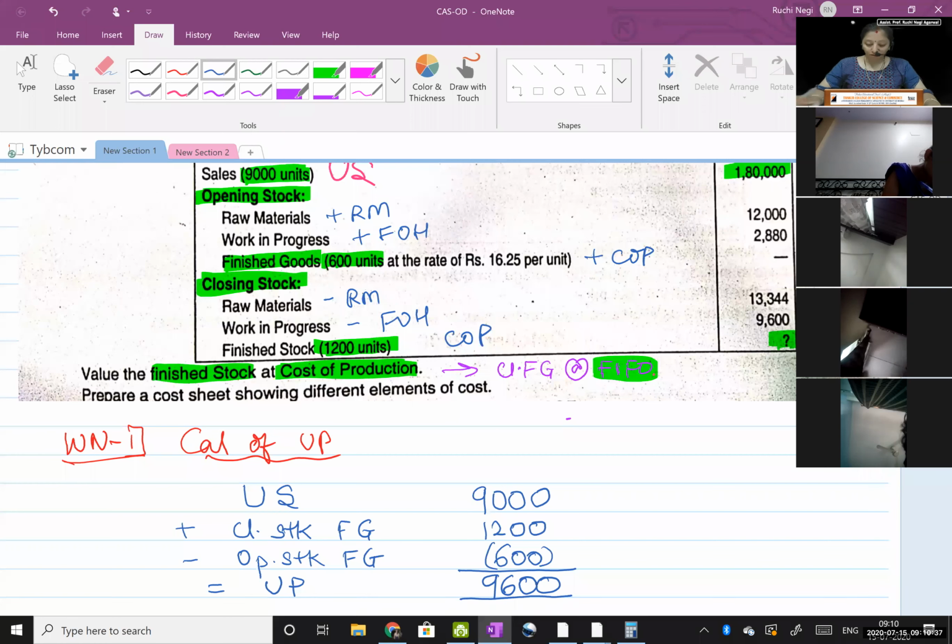Is the calculation of units produced clear to everyone? Acknowledge it in the chat box.